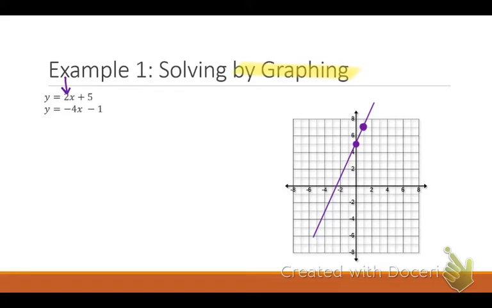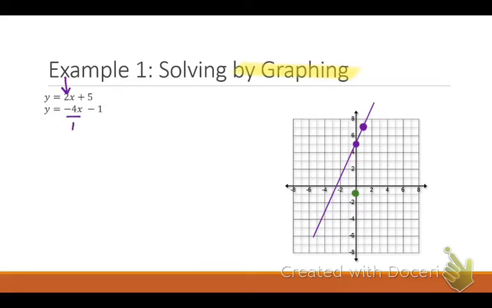All right, so now let's look at the second equation. Everybody together, tell me where your first point goes on the second equation. -1, and then where do you go from there? Down 4, and then over 1. So you're going to follow your slope, -4 over 1, just like we did in the last chapter.